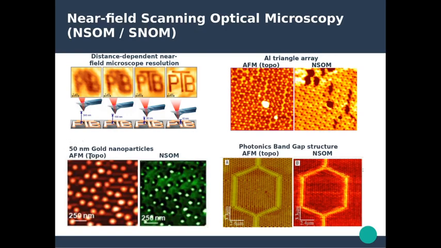So even if you use optical excitation with a wavelength of 400 nanometers, which is borderline visible range, the diffraction limit in conventional microscopy is of the order of 200 nanometers. So you will not be able to resolve those 50 nanometer nanoparticles with conventional optical microscopy.